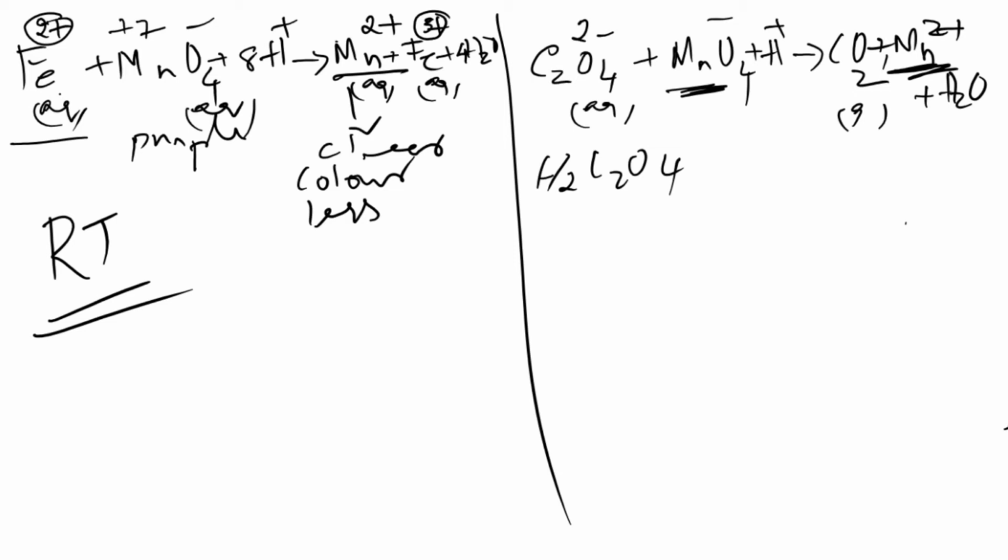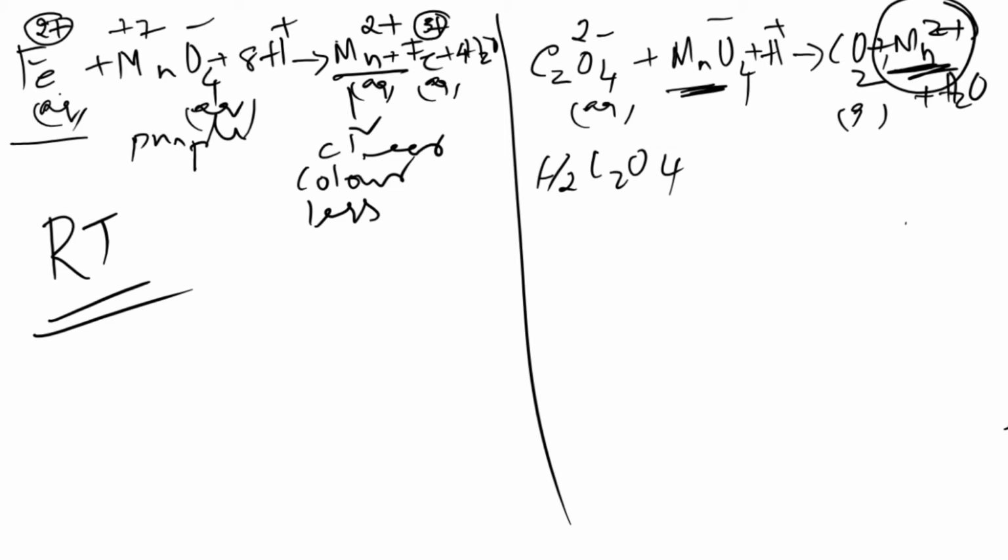Just like in the first reaction between Fe2+ and MnO4-, the second reaction will also become fast. The only reason that the reaction becomes fast after the initial reaction has started is that the product formed, in this case Mn2+, becomes a catalyst in the reaction. So there are certain chemical reactions where the product formed becomes a catalyst.